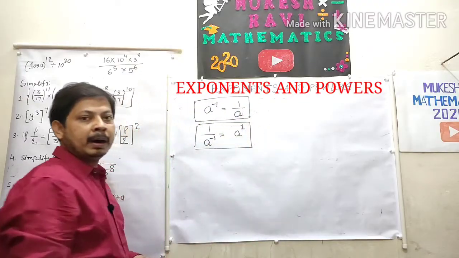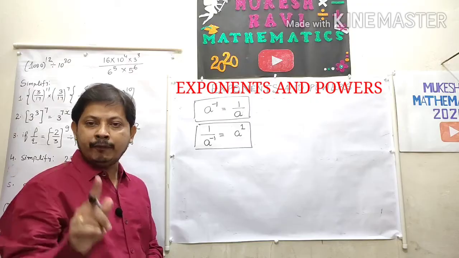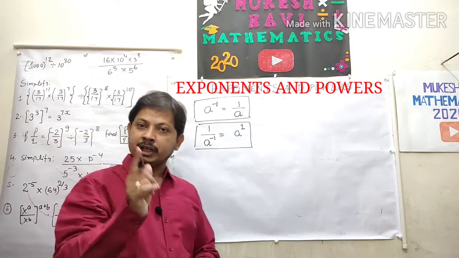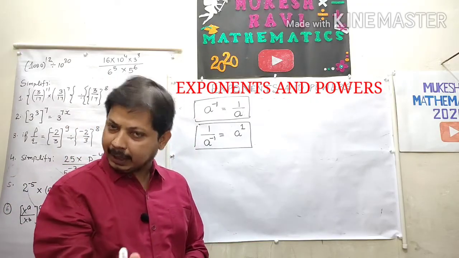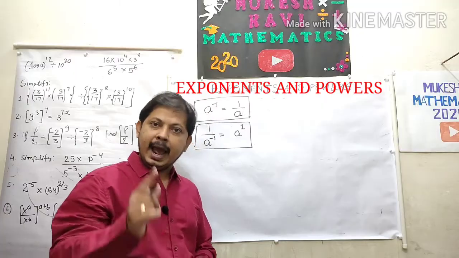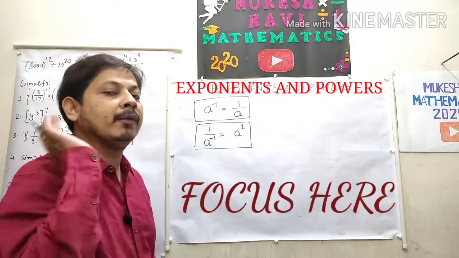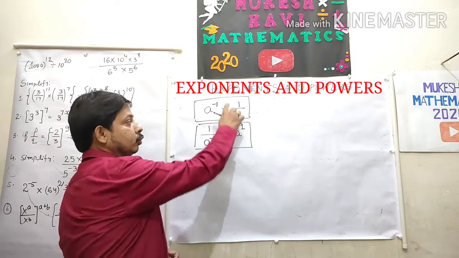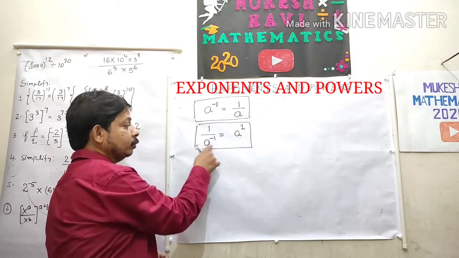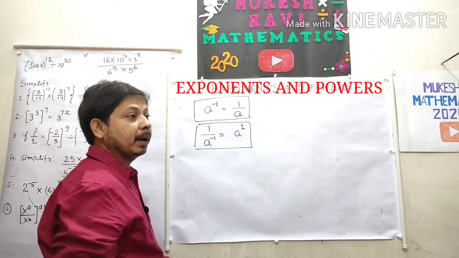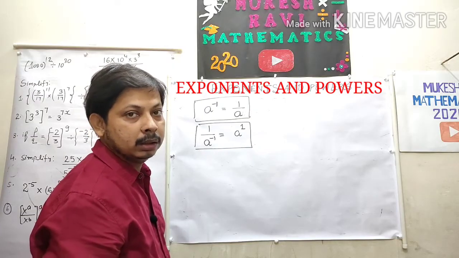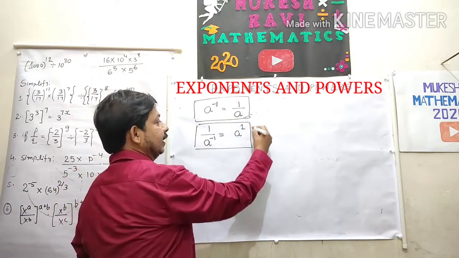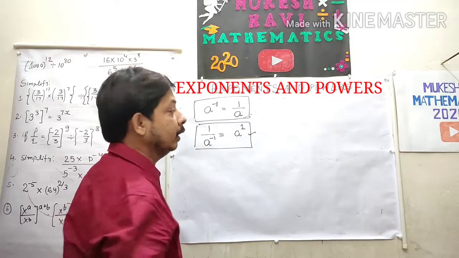If a negative power is given for the value, you can change the denominator into numerator and numerator into denominator, and it becomes the positive power. So we can say a to the power minus 1 is equal to 1 upon a, and 1 upon a to the power minus 1 is equal to a to the power 1. These are the basic things about negative power.